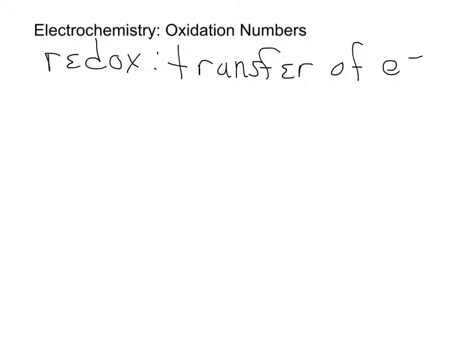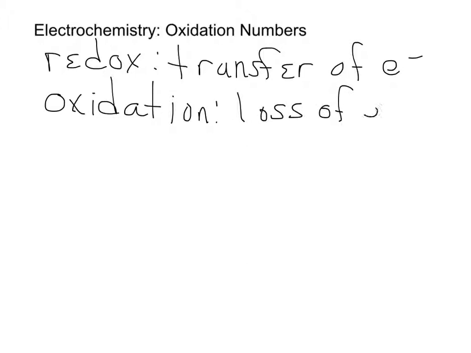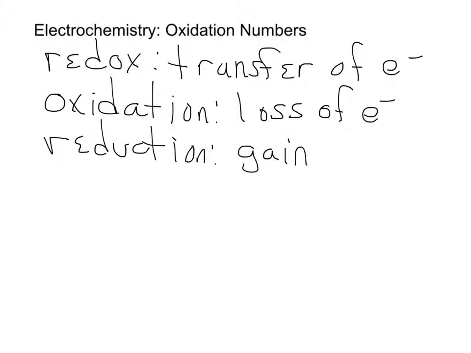And we have names for those processes. We have oxidation. And what does oxidation involve? That's the loss of electrons. And so the opposite is reduction. And what does reduction involve? That's going to be the gain of electrons.